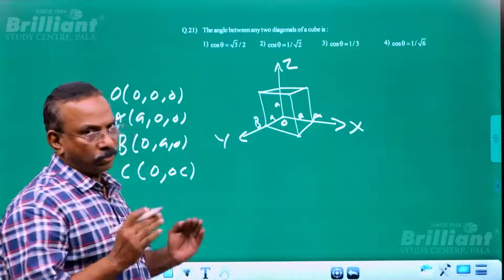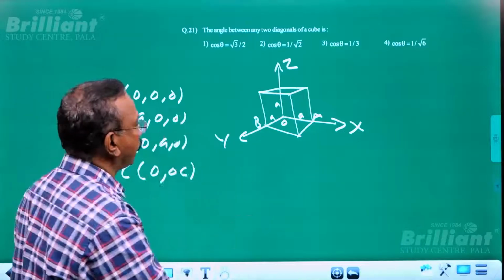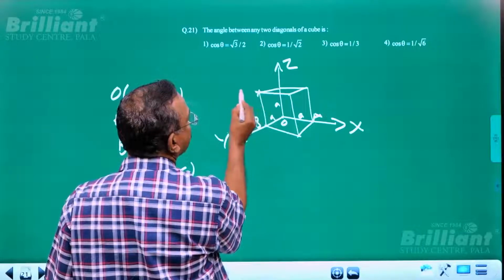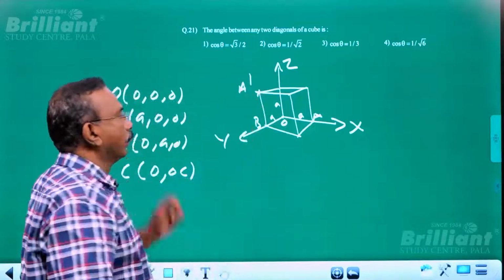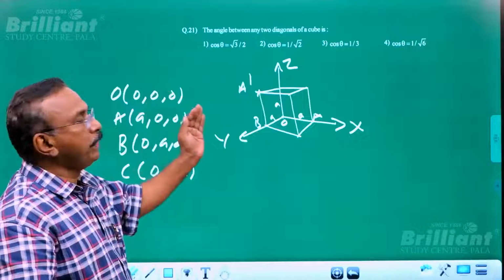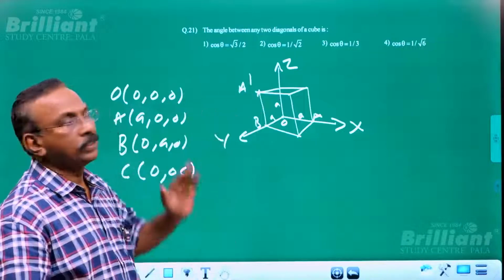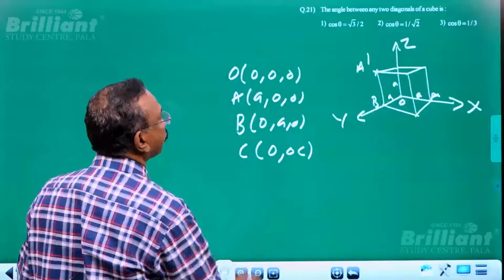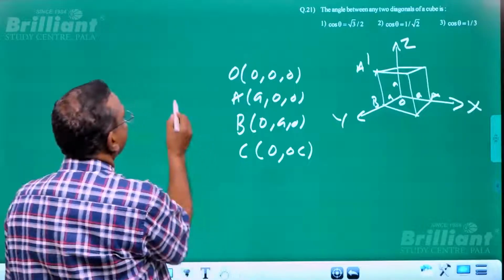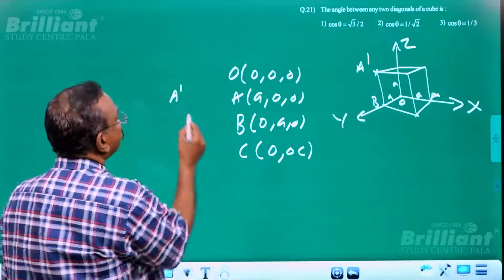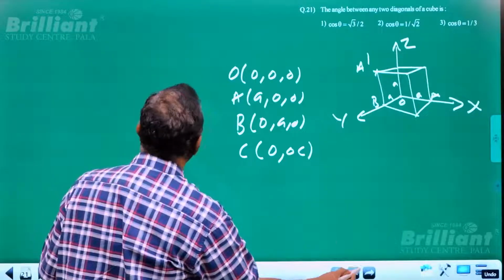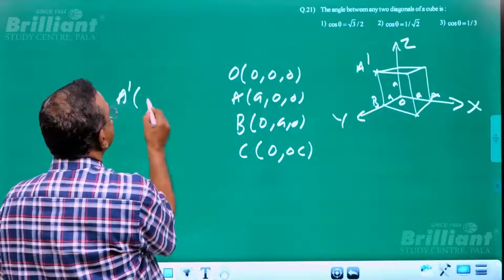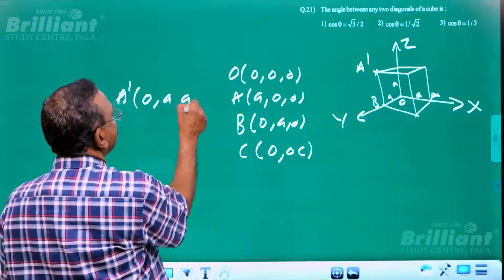Now I choose the opposite sides. That means the point A is on the x-axis, then the opposite coordinate is referred to as A dash. A dash is a point on the y-z plane whose x coordinate is 0, and the other two keep their corresponding coordinates. So A dash is (0, A, A).